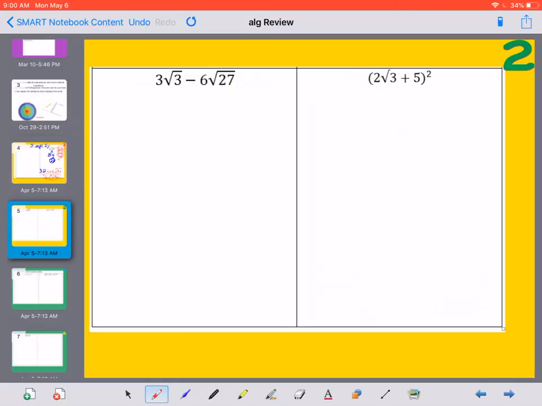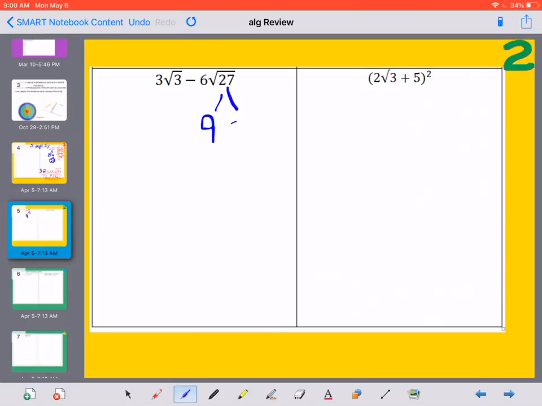Now if we go to the next one, the first one I see is 3 times the square root of 3, and I can't do anything to the square root of 3, because that's a prime number. So I go to the next term, and it says a negative 6 times the square root of 27. Now the square root of 27 I can factor.